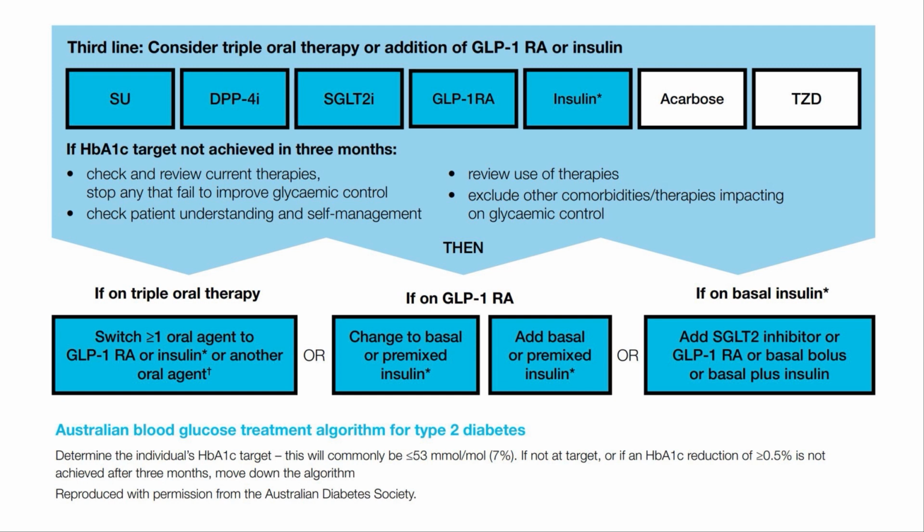And if you're already on insulin, you can add a different drug. You can add a receptor agonist, or you can add a new plan that is sort of similar to how type 1 diabetes is managed and do basal bolus insulin. And we'll talk about insulin a little bit later.